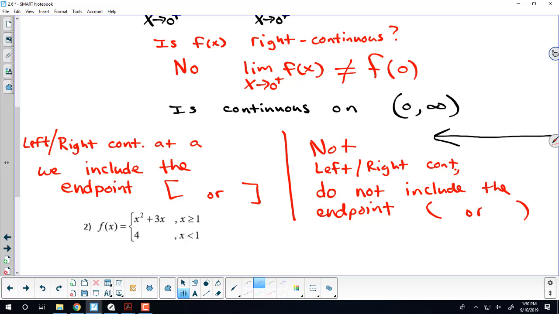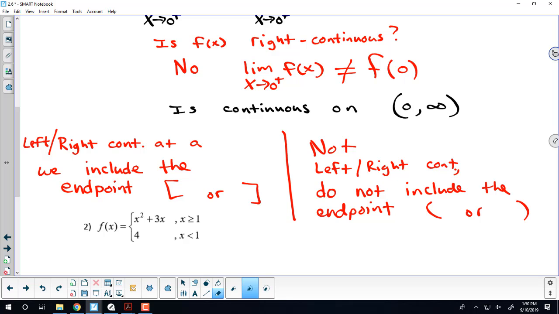Okay. All right, so I'm going to erase that, what I have here in red. If you need a minute to copy that down or want to copy that down, just let me know. So we're saying that it's continuous on 0 and infinity. Is that the end answer to that question?